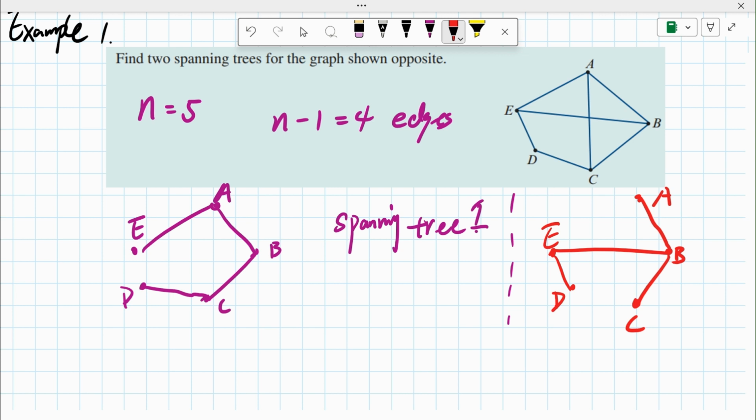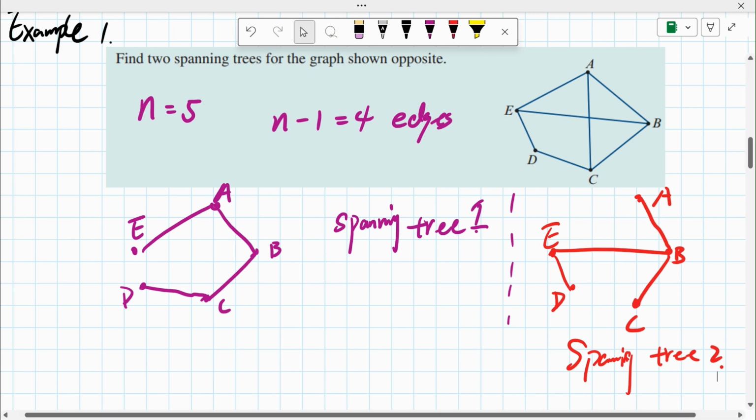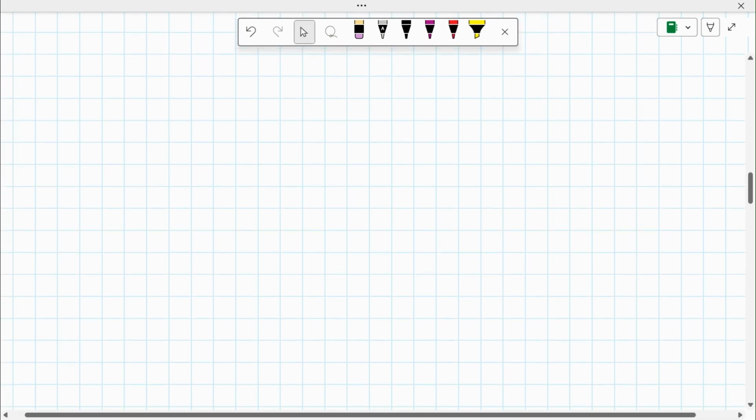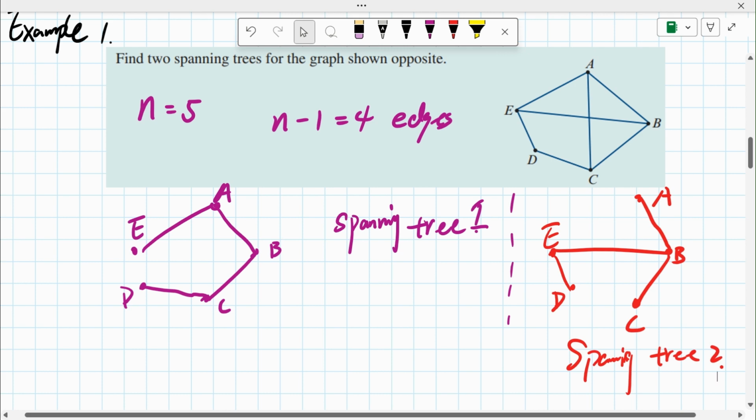Because there's no circle, that's good, and we have the whole connection, which is fantastic. This is spanning tree 2. Perfect, that's basically what they look like.